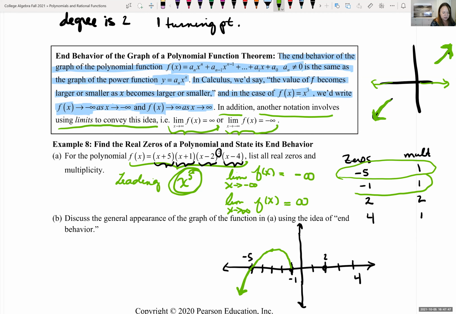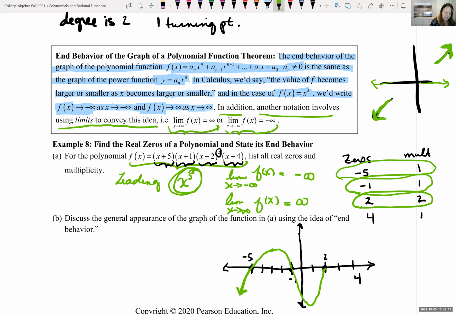Again, I would look at the multiplicity to see if it's touching or crossing, and it tells me it's crossing because it's odd. Somewhere it's going to change direction. It's going to come back up to this 2. The thing is at x equals 2, we have an even multiplicity, so this is actually going to change back direction to where it was coming from before.